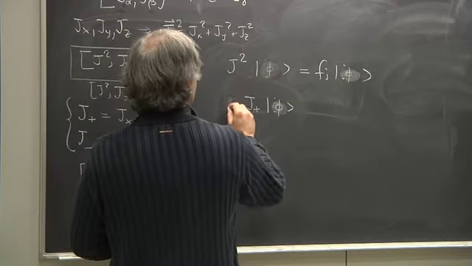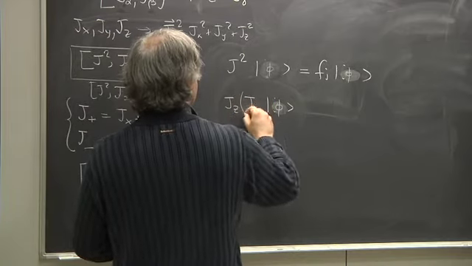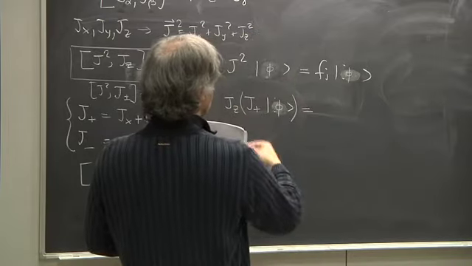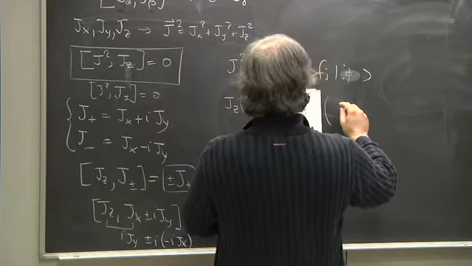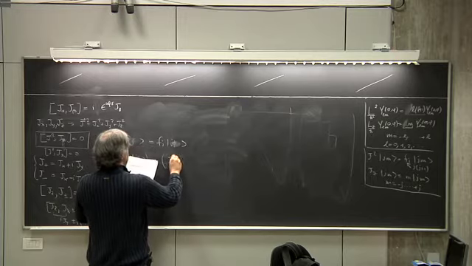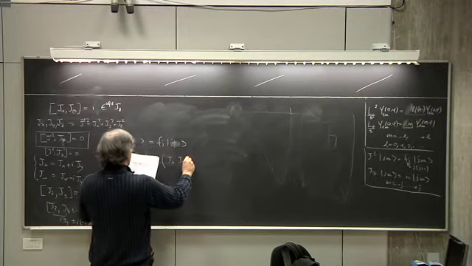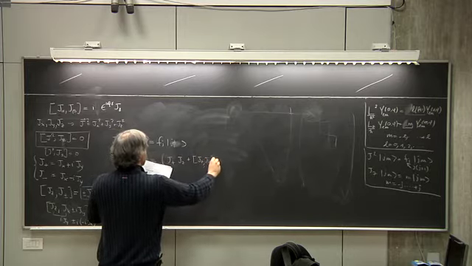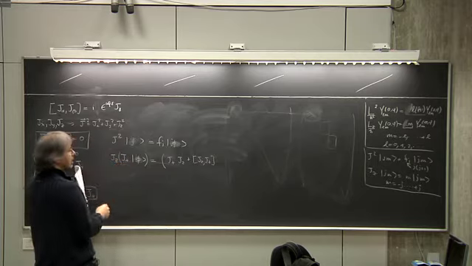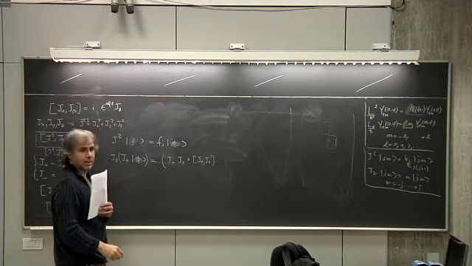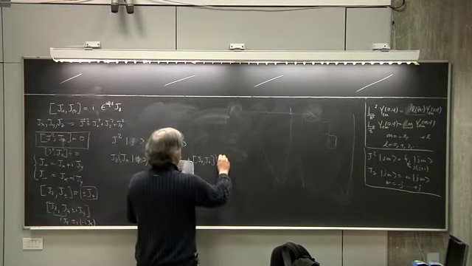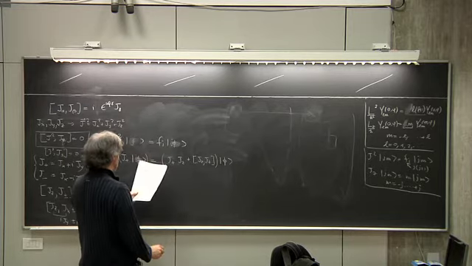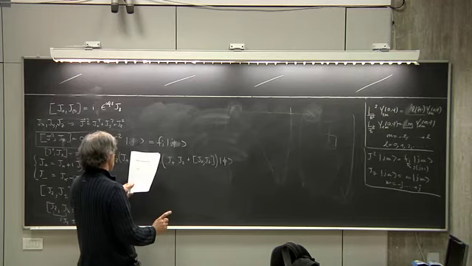And let me try to calculate jz of this thing. Since I can now use commutators, I can write this as j plus jz plus the commutator of jz with j plus, right? Because after all, this is nothing but the same expression applied to the state.